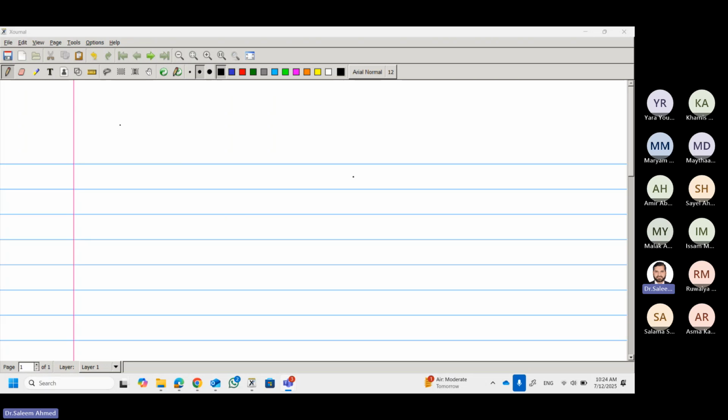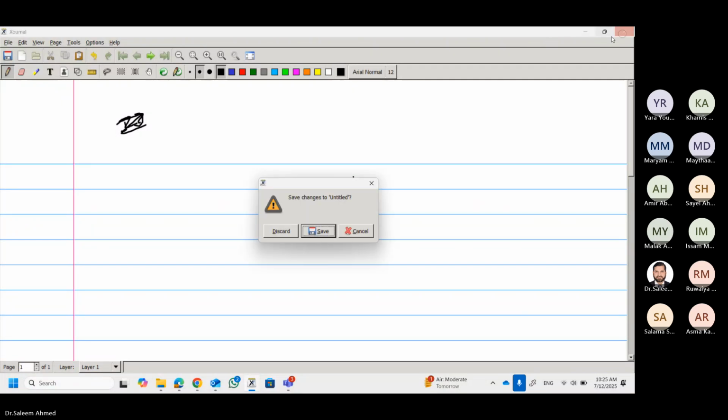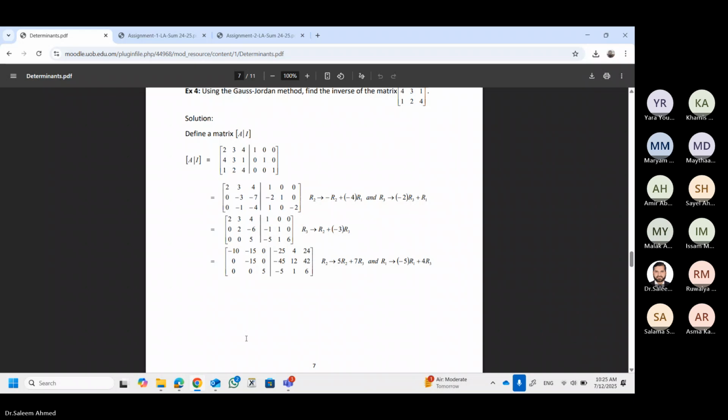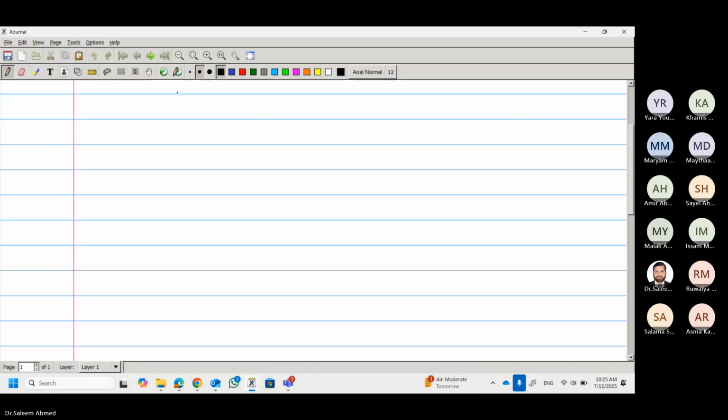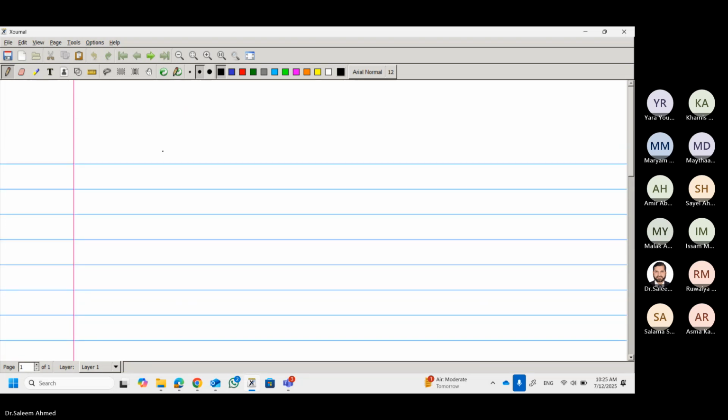So in section 2.2, section 2.2 contains finding A inverse, right, by the row reduction algorithm.